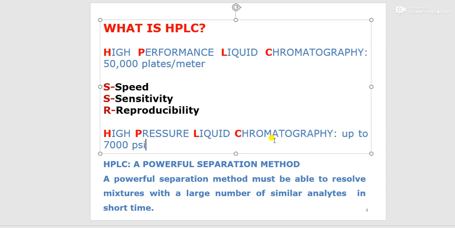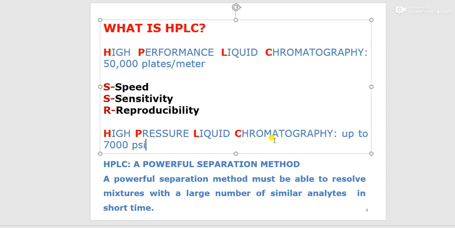There should be some force, or some means by which mobile phase is passed along with stationary phase. So you require high pressure to pass mobile phase along stationary phase, and that's why HPLC is high pressure liquid chromatography.